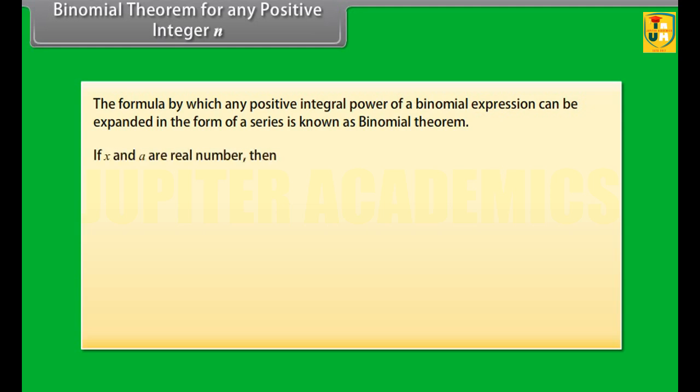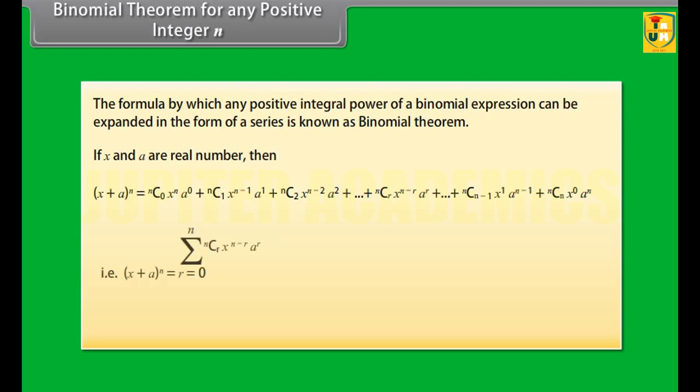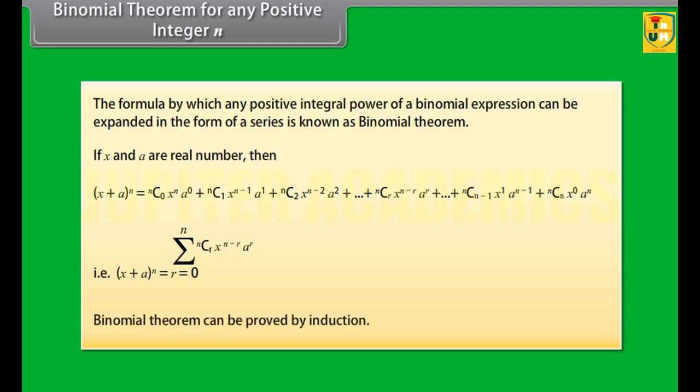If x and a are real numbers, then (x + a) raised to power n is equal to the summation from r = 0 to n of nCr times x raised to power (n - r) times a raised to power r. The binomial theorem can be proved by induction.